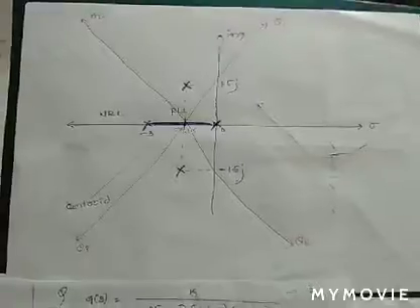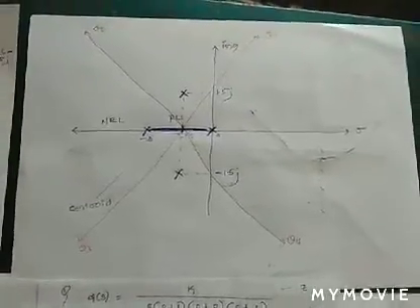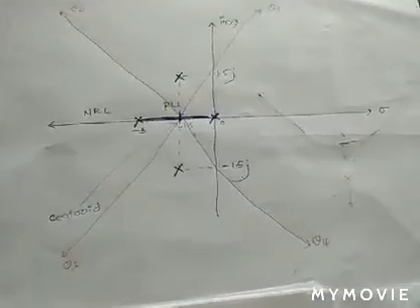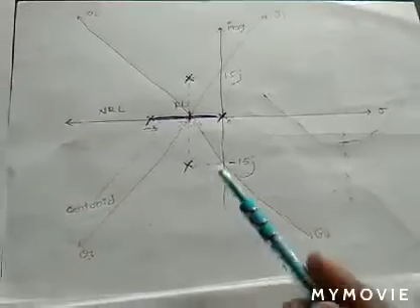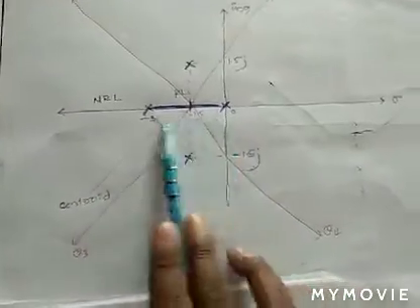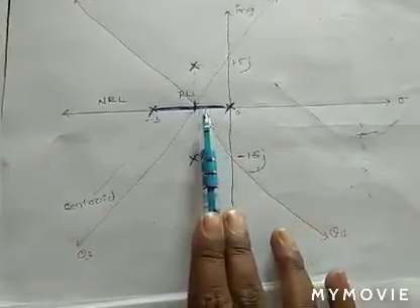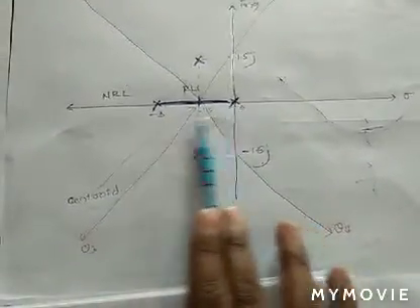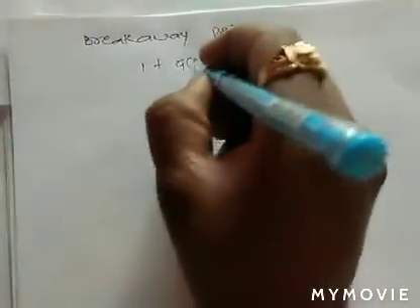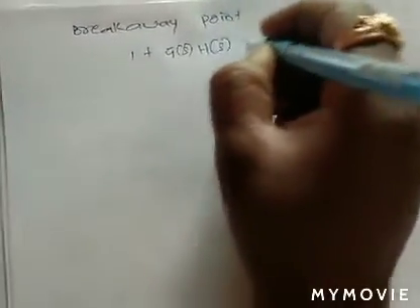Right. So next is the breakaway point. Does a breakaway point exist? Yes, with respect to the prediction, two adjacent poles are there and the root locus exists between them, so we can predict that we can have a breakaway point. So we solve for the breakaway point using 1 plus G(s)H(s) equals 0.